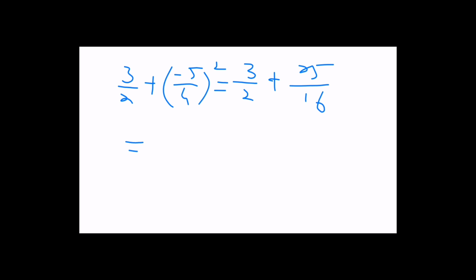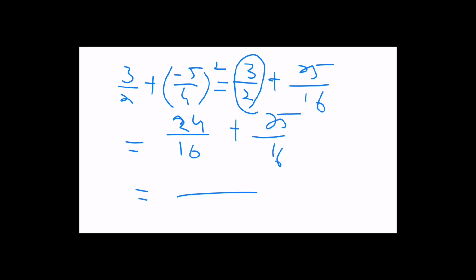Now to make this term, multiply and divide 3 by 2 by 8, so it becomes 16, and this 3 becomes 24 plus 25 by 16.